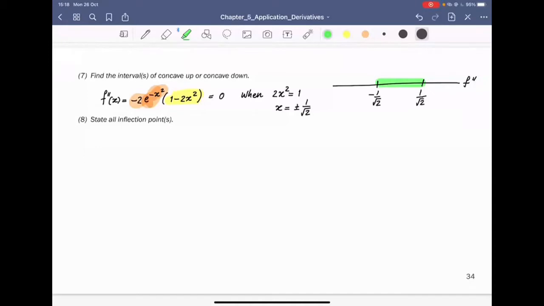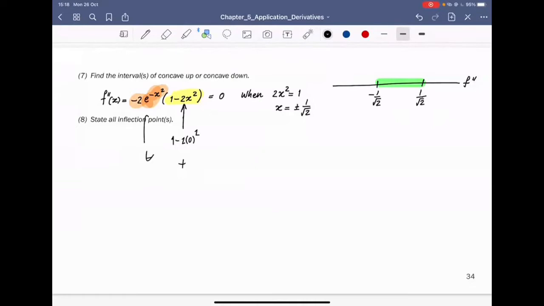Does it make sense? Let's say I just plug in the number 0 into the function here that I just drew the arrow to. If I plug in x equal to 0 here, I'm going to get 1 minus 2 times 0 squared, which is 1. So the term that I highlight in yellow is positive. The term that I highlight in orange is always negative.